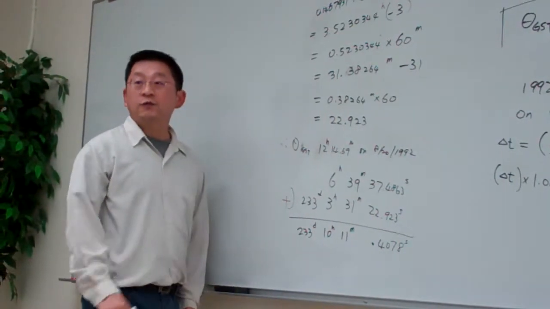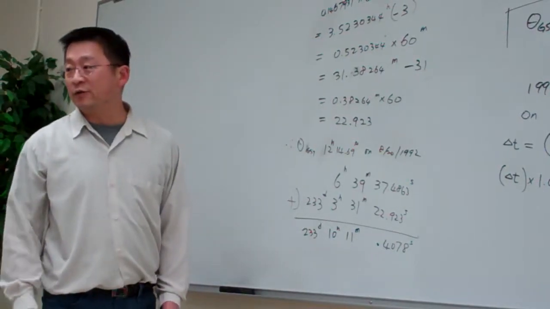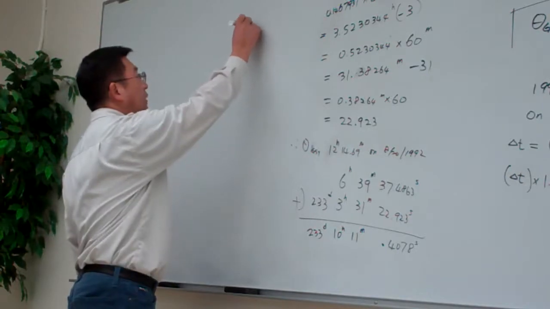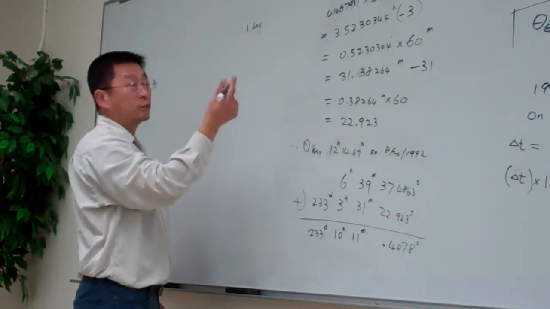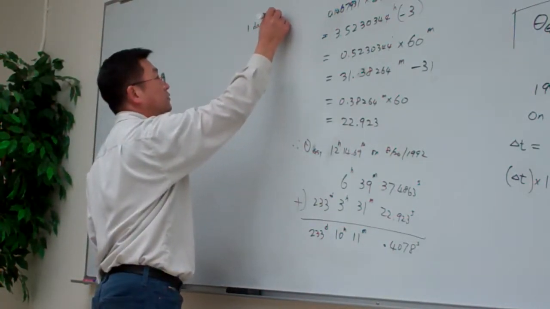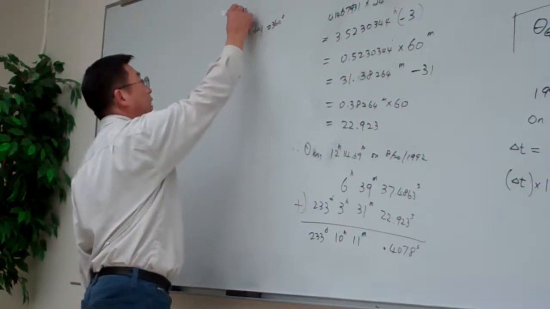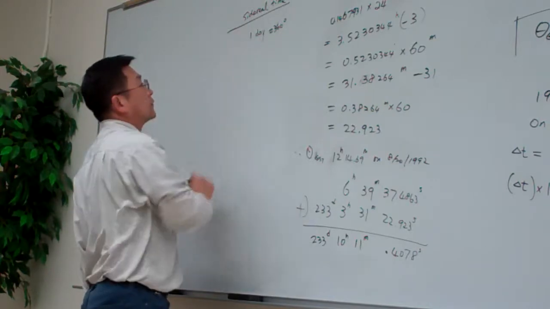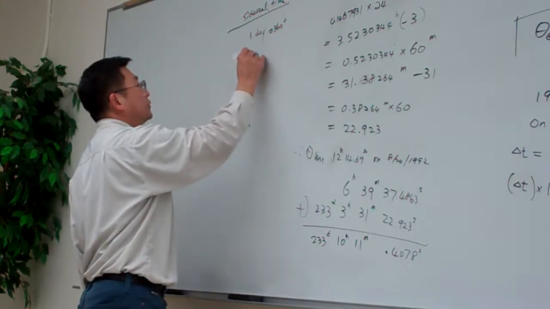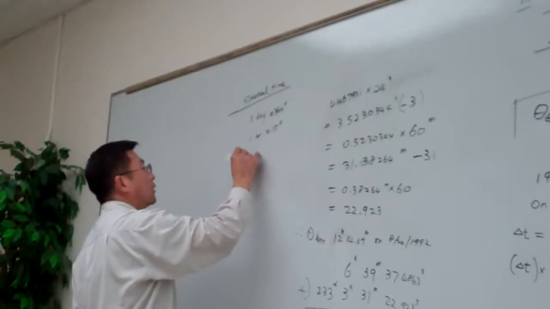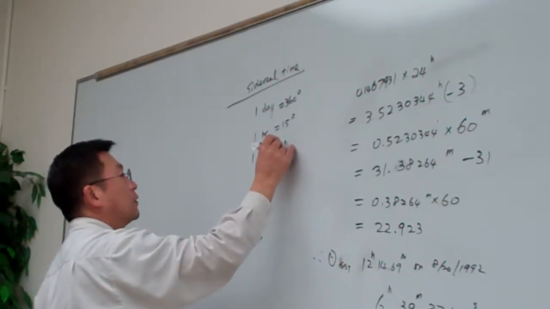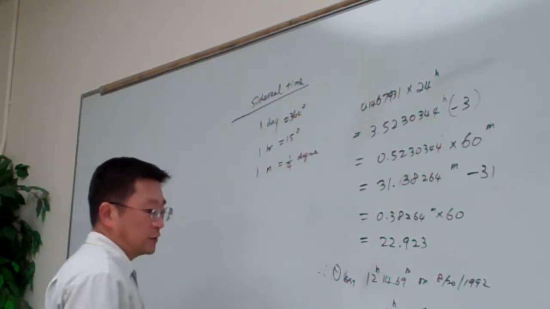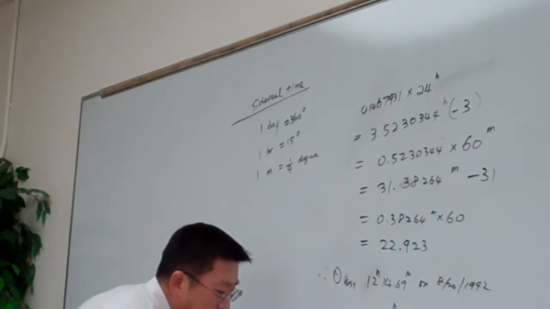But you can convert it into an angle, and angle is more valuable for our calculation. So again, 1 day, in terms of sidereal time, is 360 degrees. And 1 hour is 15 degrees, and 1 minute is 1/4 degree, etc. So basically, you can convert into this angle.